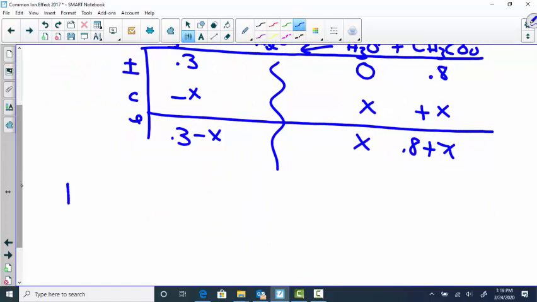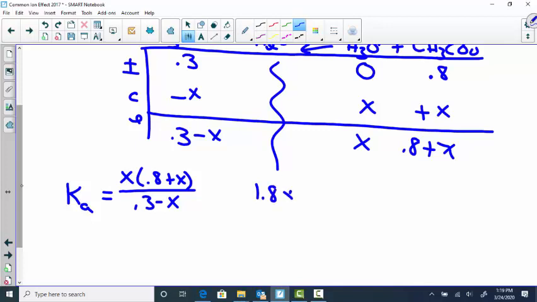So our Ka expression now is x times 0.8 plus x all over 0.3 minus x. Ka doesn't change. It's still 1.8 times 10 to the minus fifth.